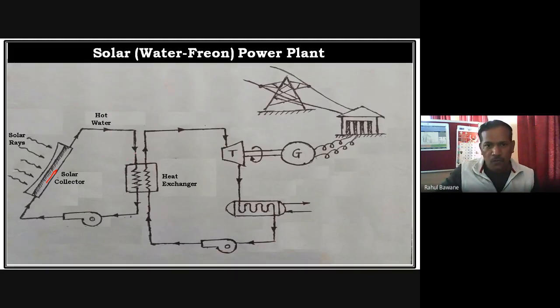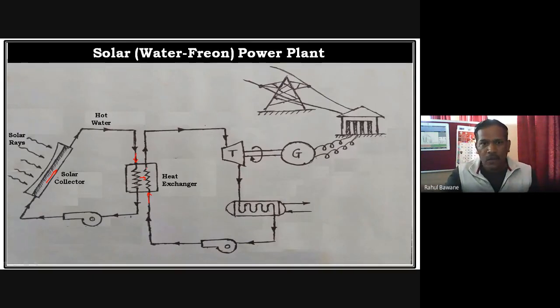When this hot water, suppose 80 or 90 degrees centigrade, is passed through this heat exchanger, whatever incoming freon is there, this hot water delivers its heat to this freon, and this freon becomes superheated, high pressure superheated freon vapors.